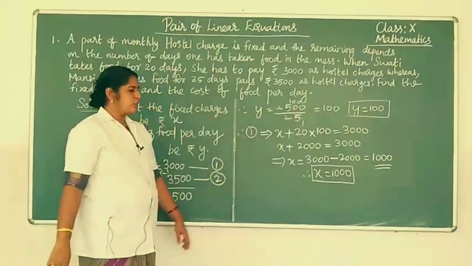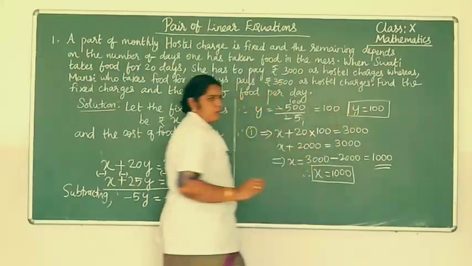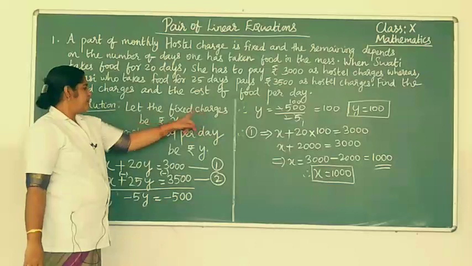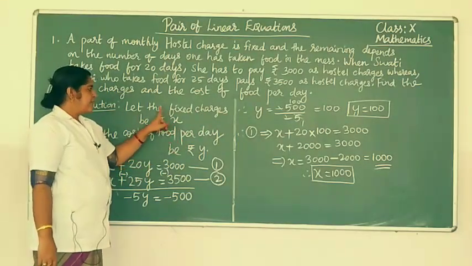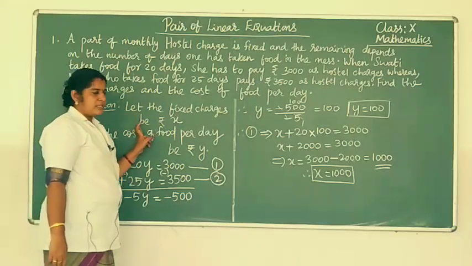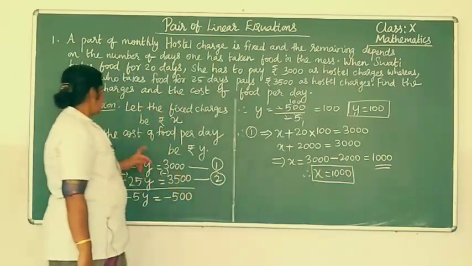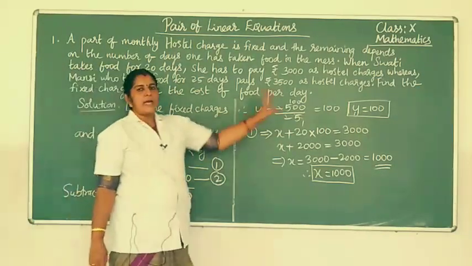Now we got the values of x and y. Now we need to conclude our solution. What we have taken in the beginning, the fixed charge of the hostel is rupees x. So how to write the answer? The fixed charge of the hostel is rupees 1000 and the cost of food per day is rupees 100.